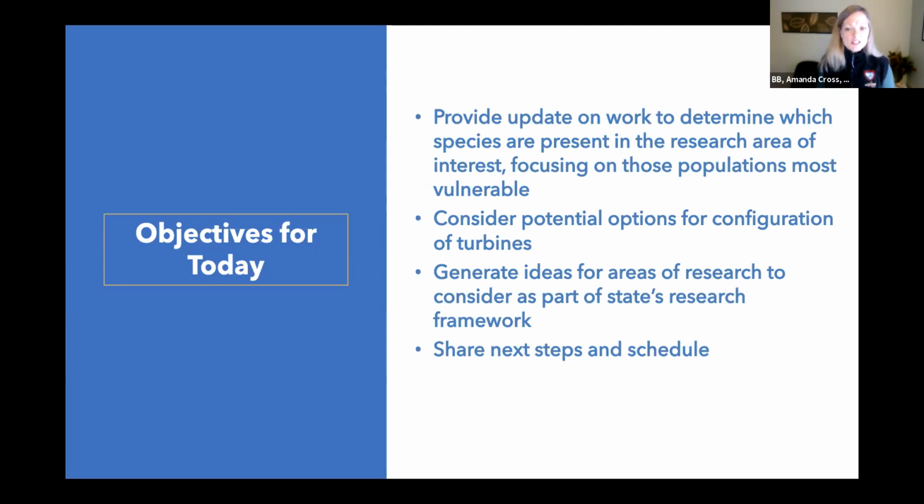We also had discussions around other types of data sets, so tracking data and local data to help supplement this modeled information, but some of these data sets are really limited in this area of interest. We also talked about the use of environmental covariates, such as sea surface temperature and bathymetric characterizations, and how those could serve as proxies for data deficient species.